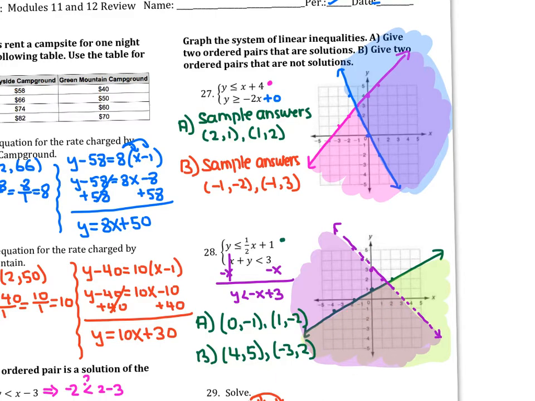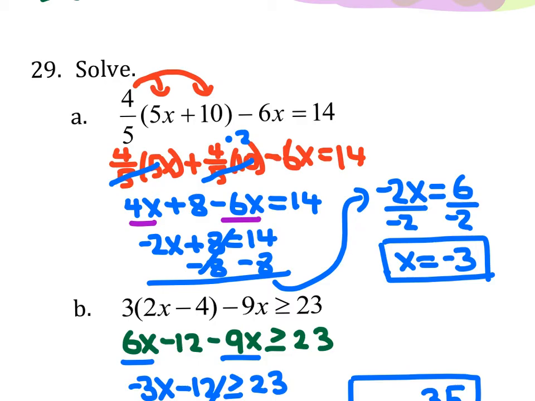Okay, on number 29, 4 times 5 is 20, and if you divide by 5, you get 4. 4 times 10 is 40, and if you divide by 5, you get 8. That's where the distributive property ends. Then you copy down the -6x, and you bring down the 14.